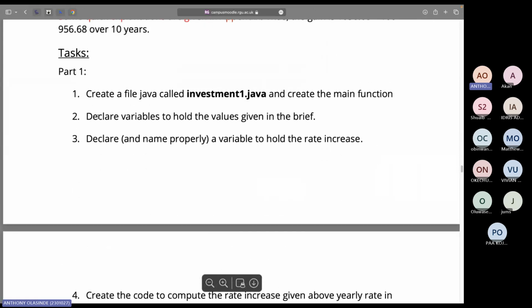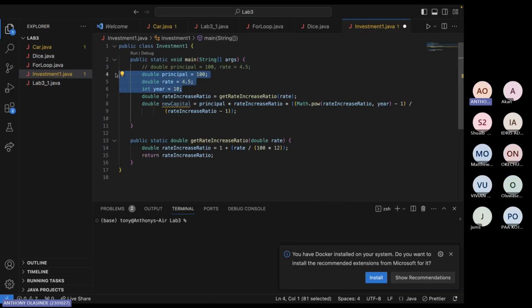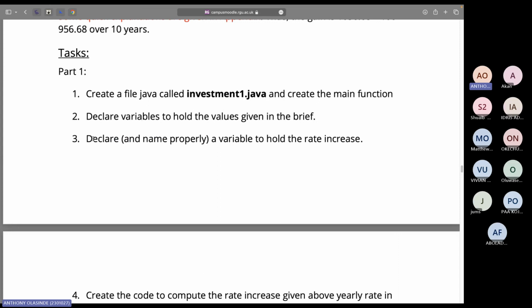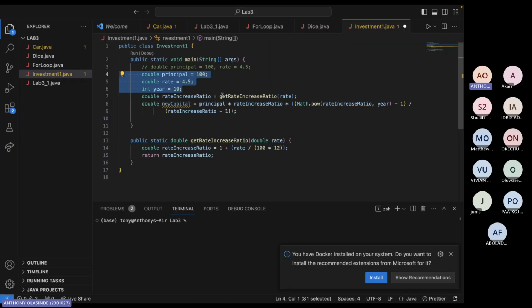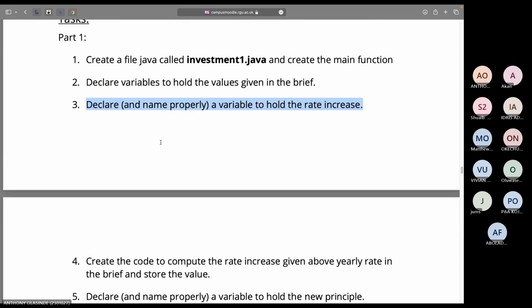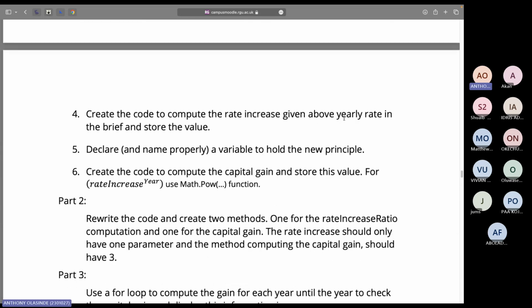Creating your file is question 1. Question 2 is declaring all these 3 variables. Question 3 is the rate increase. That's the rate increase ratio, which was this one that is calling this function. And create a code to compute the rate increase given.